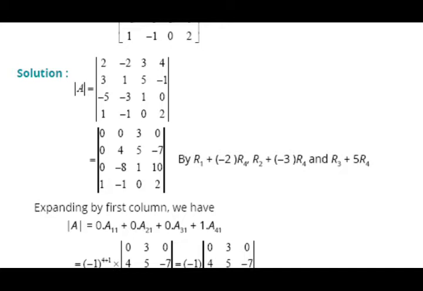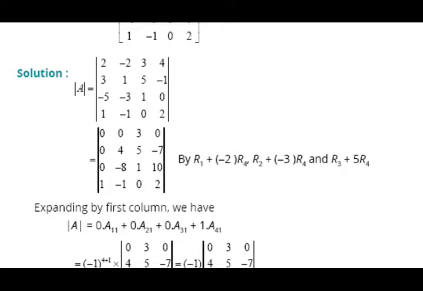Now the new determinant has 0 0 0 and 1 in the first column, and we expand it by the first column. The first value is 0, its cofactor; the second value is 0, its cofactor; the third value is 0, its cofactor; and the fourth one is 1 and its cofactor.